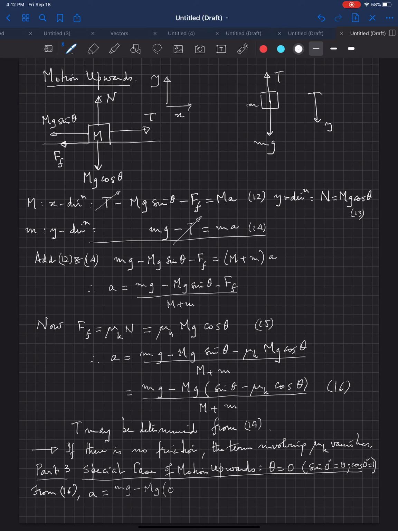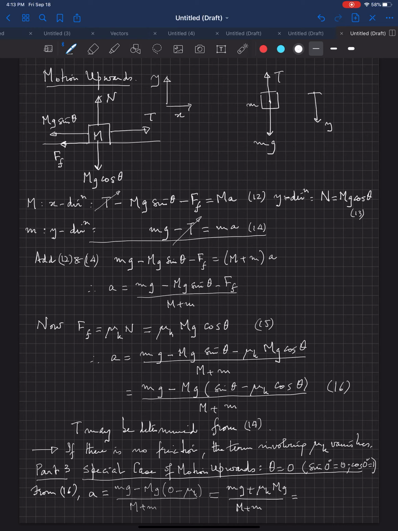Cosine theta is 1, so this simply becomes minus mu k, divided by m plus m. And this is equal to mg, the minus and the minus is a plus, mu k mg over m plus m.